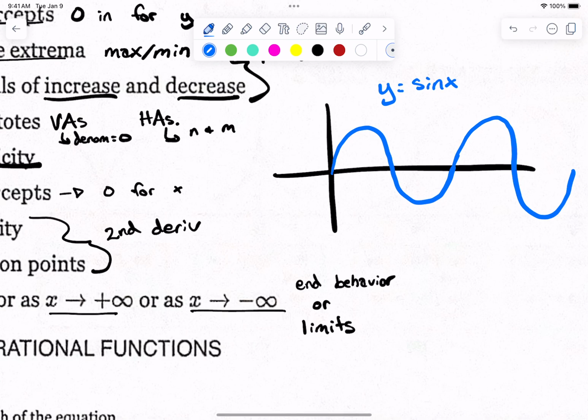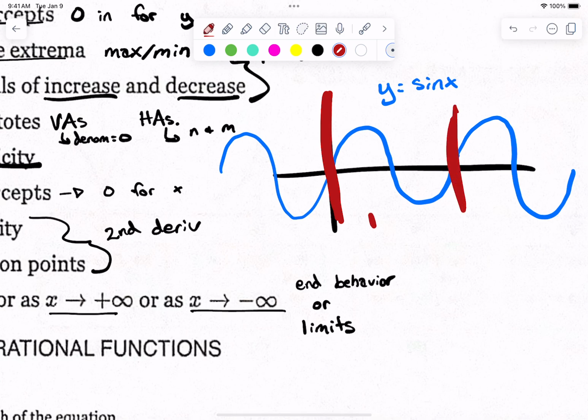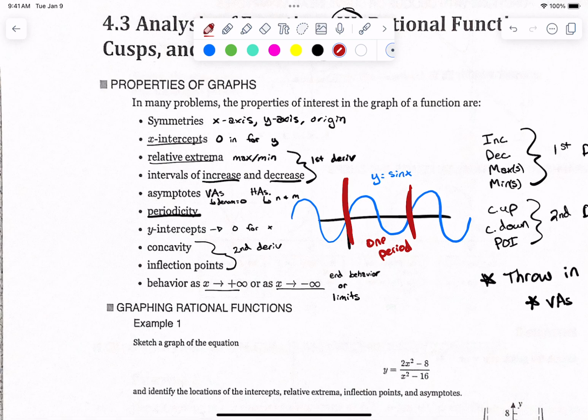This chunk from here to here is just one period. It's like copying and pasting it. Periodicity represents multiple periods of the graph. Make sense?